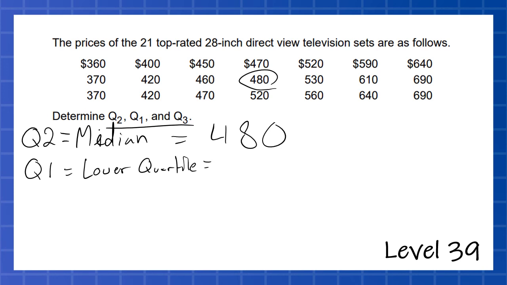So if we look, this one's kind of tough, but if we go 1, 2, 3, our middle is going to be 420 on the lower half. Okay, it's halfway. It's the middlest number on the lower half. Okay, right about there. And then for Q3, when we look at the middle number on the upper half, which one are we going to see?